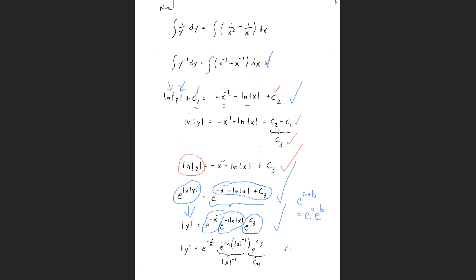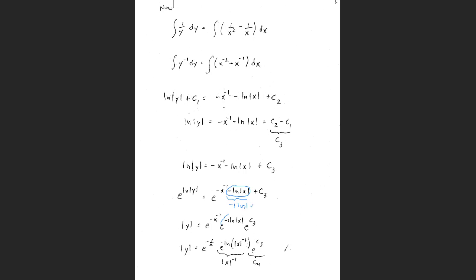Oh, so what I do here is there's a reason I did this. So I have here the negative log of the absolute value of x. I can write that as negative 1 times the log of the absolute value of x.